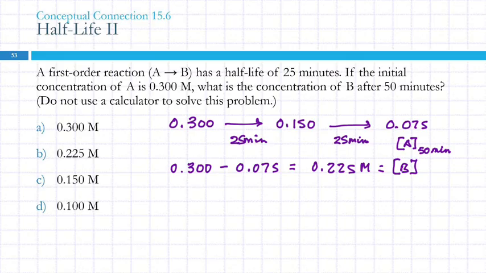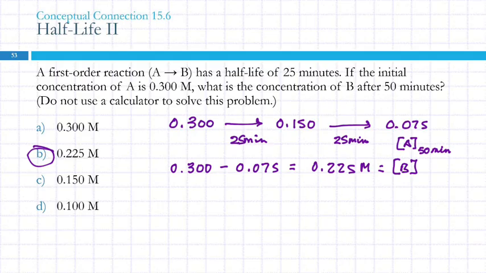So that is a question with a trick in it. There will be some questions like that. This is one where you can't really just plug it into the calculator and have an answer, because there's not really an equation for this. We need to be able to think about what's happening.